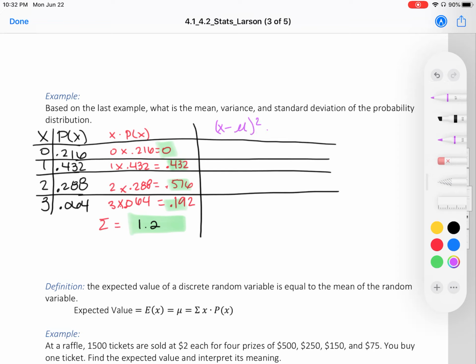squared times your probability. All right, so our value x, these are your x's, right? And that's your p. And this right here is our mean. So that first one we'll read x, which is 0, minus our mean, 1.2. You're going to want to square that and multiply it by your probability, which is 0.216.